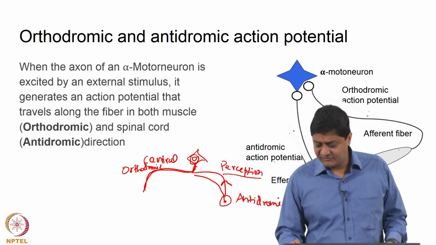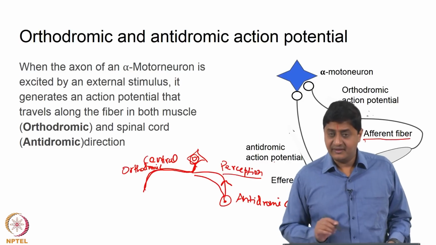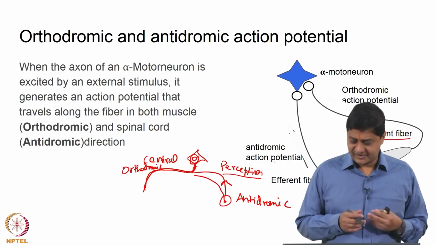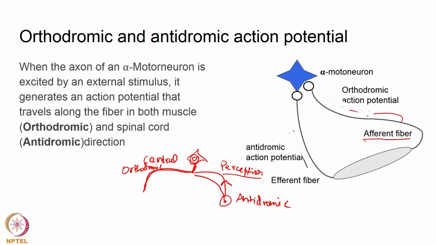Information about the muscle stretch, for example, is taken out by the 1A afferent. In that case, first the information goes antidromically and reaches the central synapse, and what it does is synapse with the alpha motor neuron and activate the alpha motor neuron that innervates the same muscle.